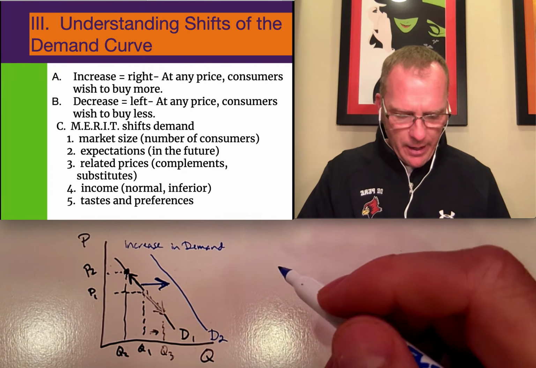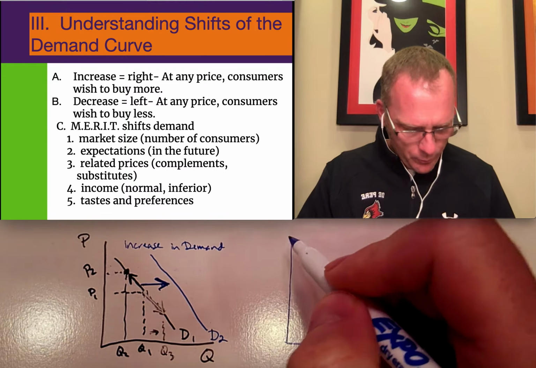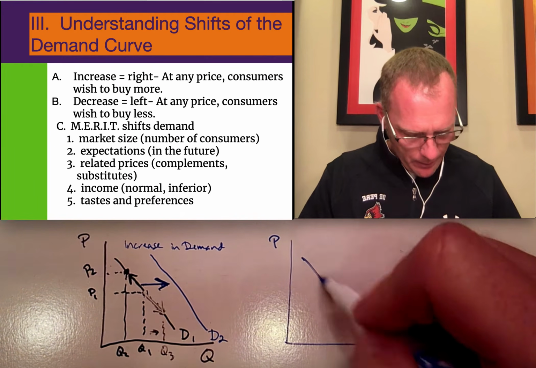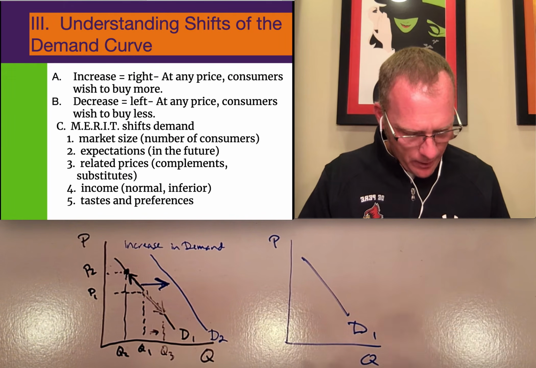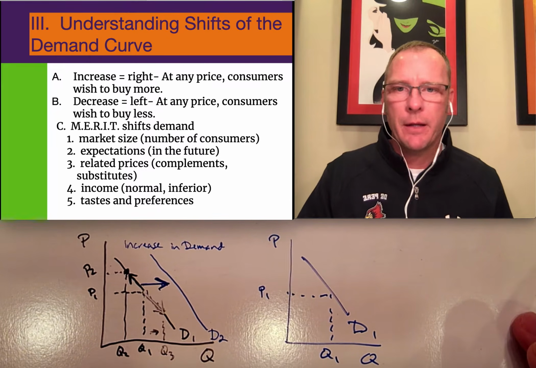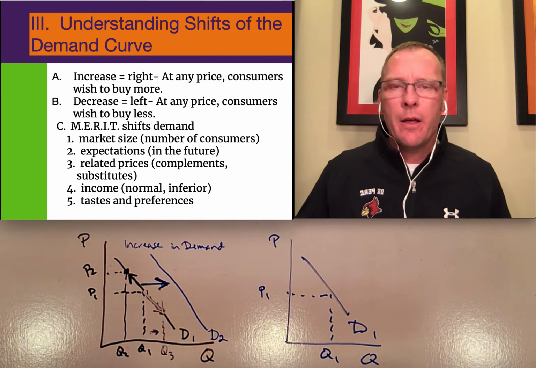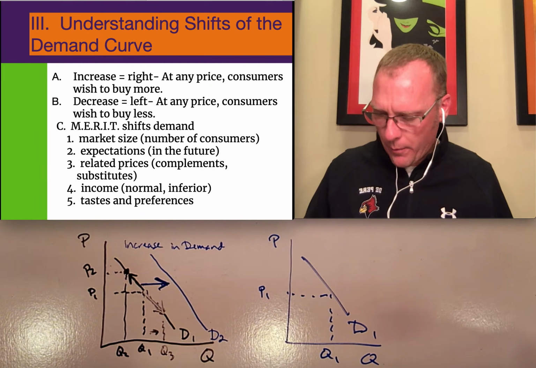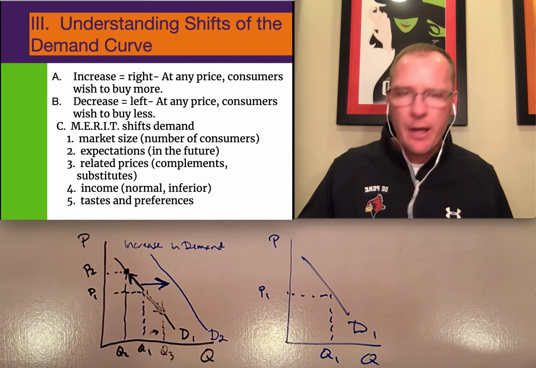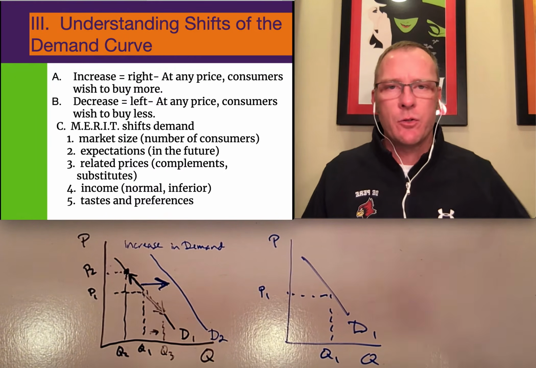So let's just say market size increases, right? So I have a price here, I got quantity here, I got my demand curve sloping down, right? And let's say my price right here at P1, Q1 is just my price, right? But now something occurs and there are more consumers that want my particular product. It could be something as simple as I'm advertising to a new group.